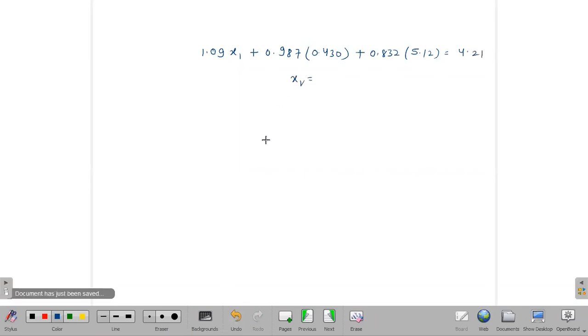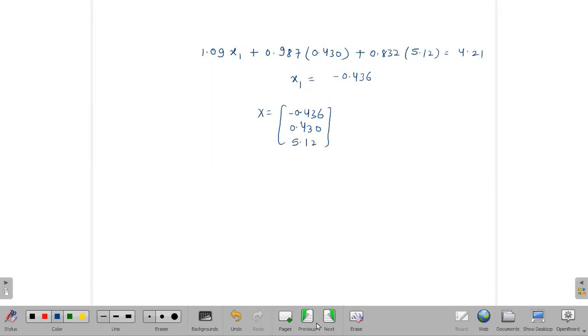So at last you will get x1 as minus 0.436. So our x will become 0.436, 0.430 and 5.12.